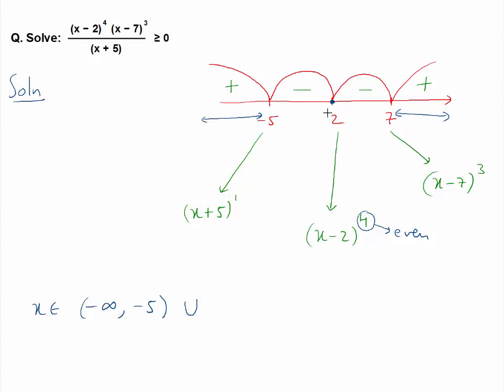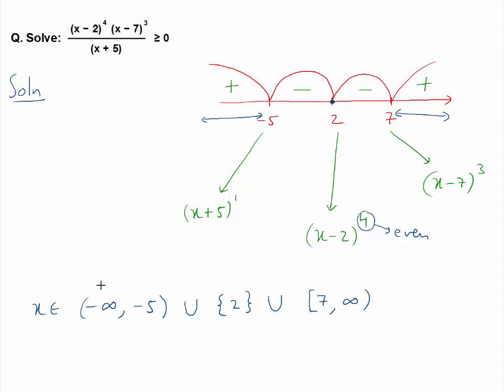Union, the point 2 where this whole expression becomes 0, which is just an element, so we write it in a set, then union 7 to infinity. Now infinity is not included by the rule. Now 7 would be included because when you substitute x as 7, this whole expression would become 0. So this is the answer for this question.